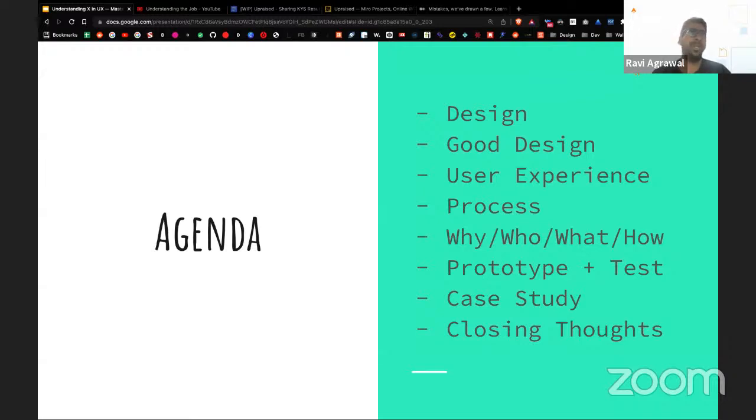Then we will detail down into the why, who, what, and how. As you go through this process of asking yourself why, who, what, and how, the results and the tangible ideas that you come up with, I'll give you meaningful ways to prototype and test your ideas. We'll then walk through a case study, and then we'll have some closing thoughts. So this would be the agenda of our call today.